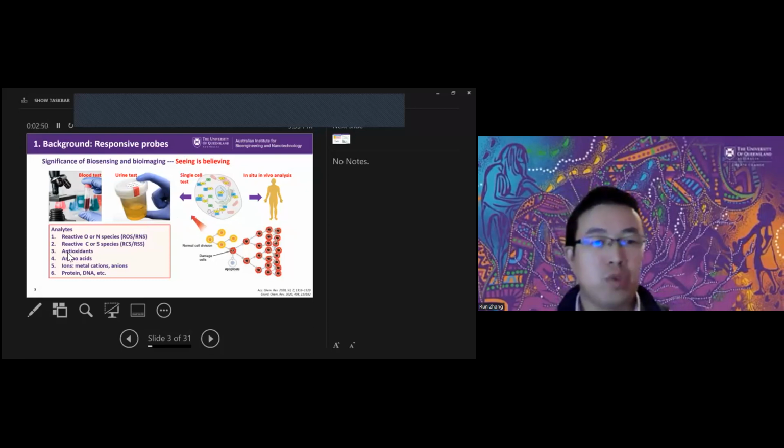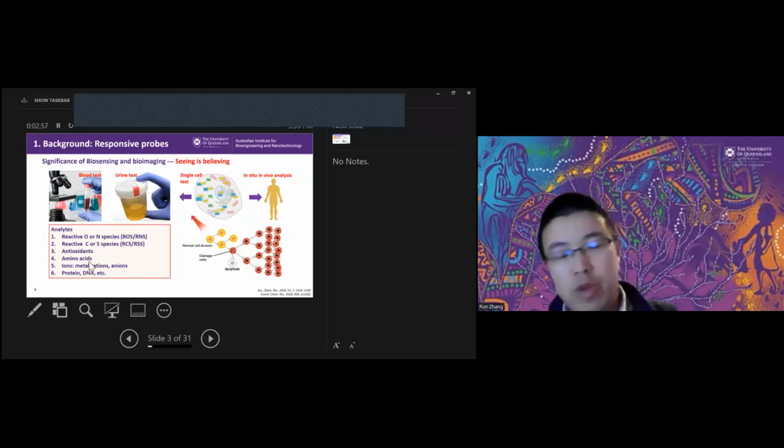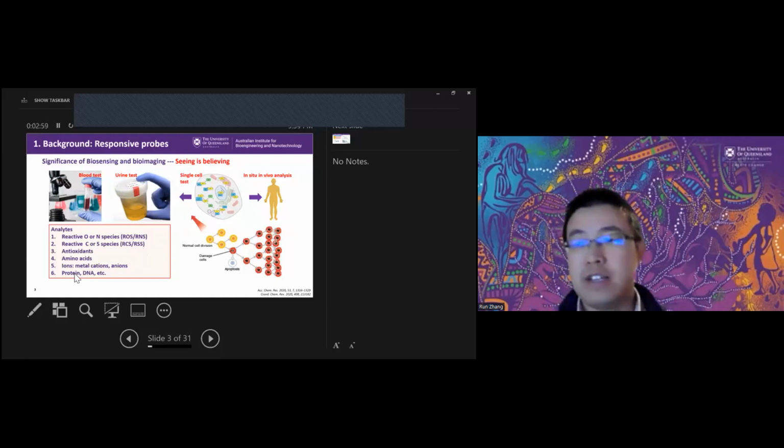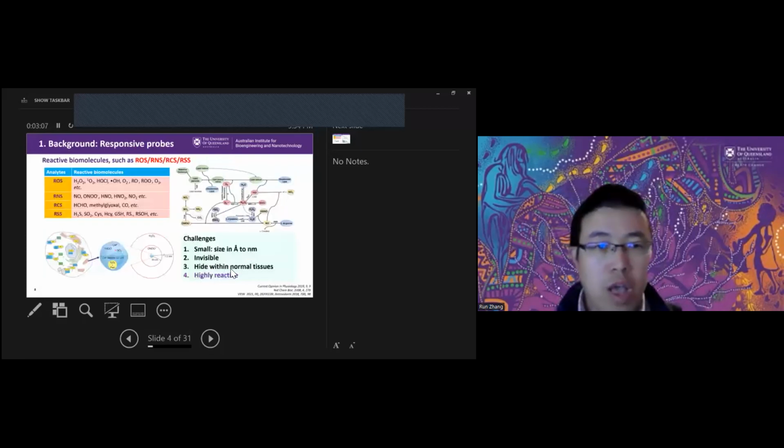We are particularly interested in biomolecules like ROS, RNS, antioxidants, amino acids, and macromolecules such as proteins and DNA. Here this table shows some examples of the active biomolecules.